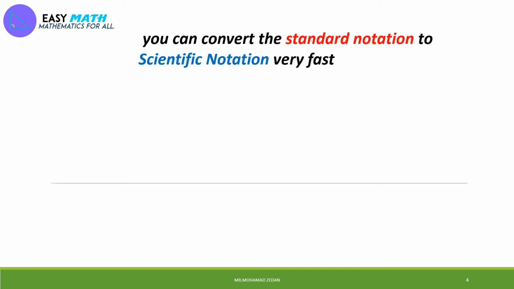You can convert the standard notation to scientific notation very fast. What you saw now is a logical, step by step way to convert. But I have a very quick method to convert the standard notation to scientific notation. Let me show you. For example, this number, 265,000. In any number, the decimal point is here.